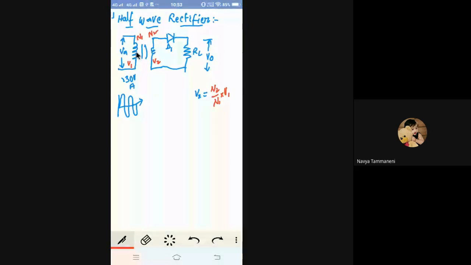Now let us consider here I am giving 240 volts. I have given 240 volts for simplification. Let us consider the turns ratio here is 20:1.